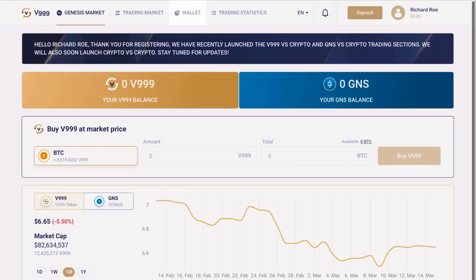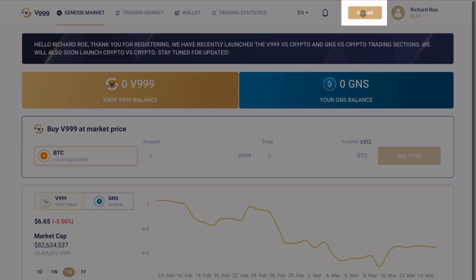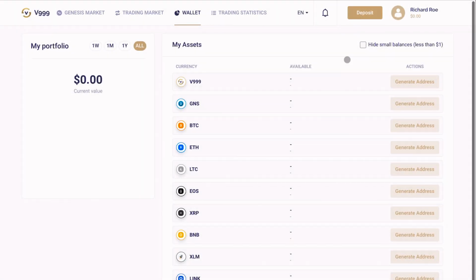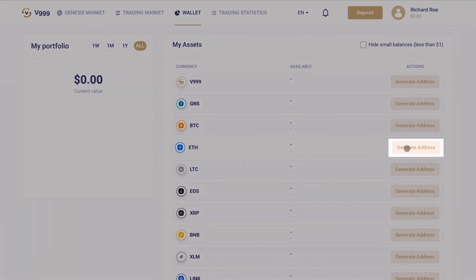To make a deposit, click on either Wallet or Deposit. To make a deposit, you must first create the corresponding wallet addresses. Click on Generate Address.